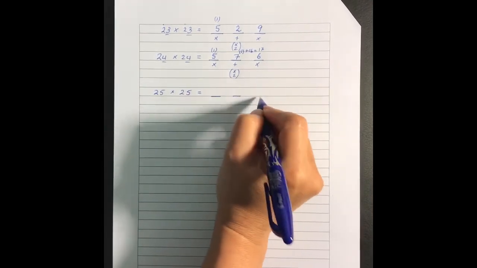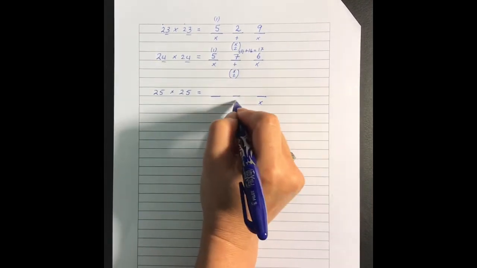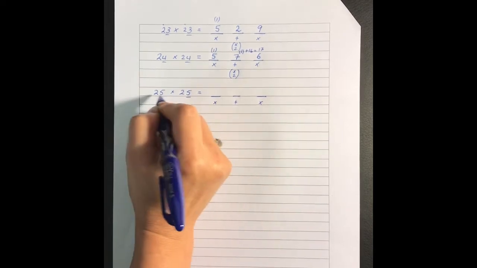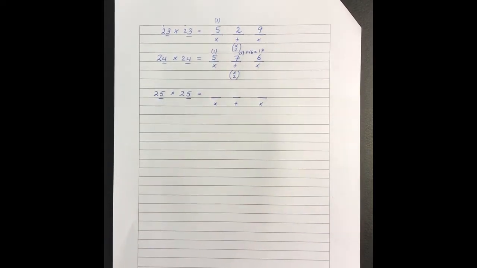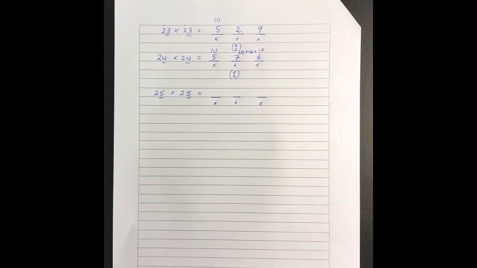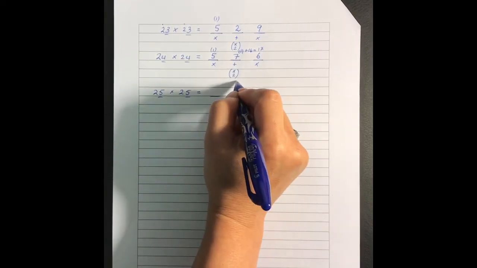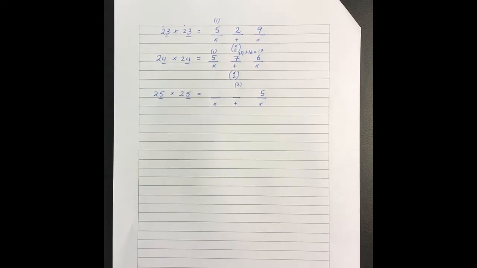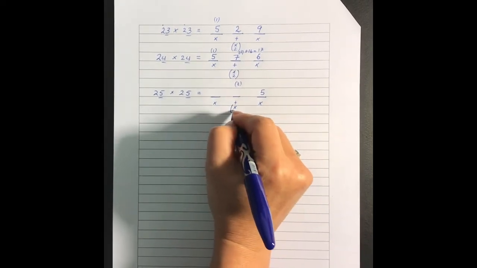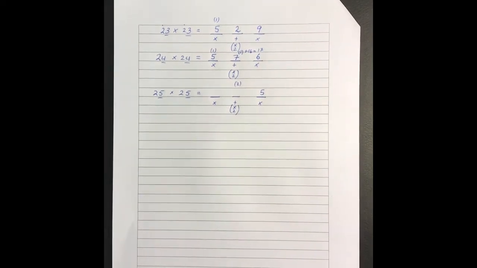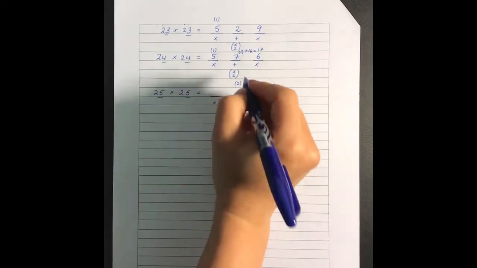So let's see. That's times plus times. And I'm looking at the ones place here. So 5 times 5 is 25. So 5 down, 2 up. And then 5 plus 5 is 10. But I have to double. So it's 20.